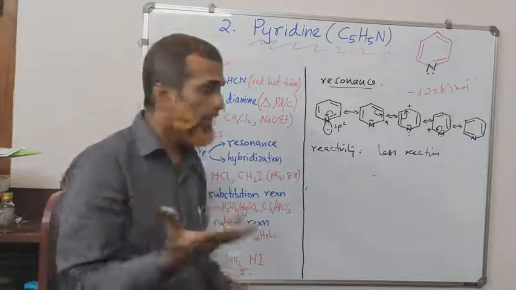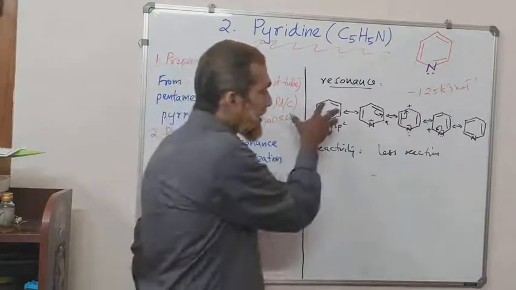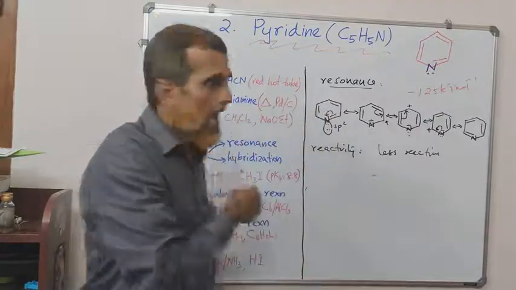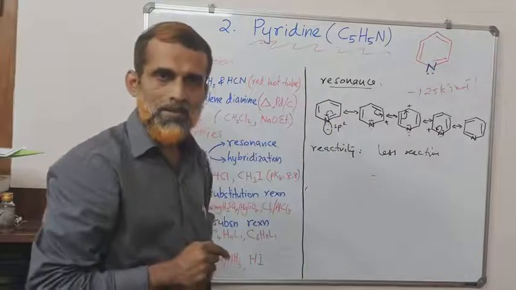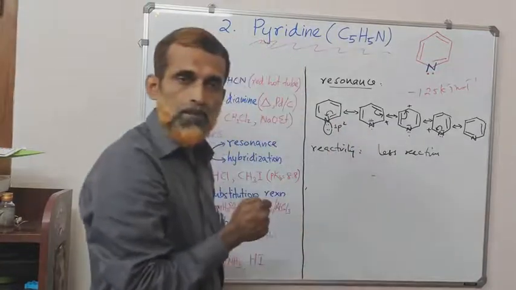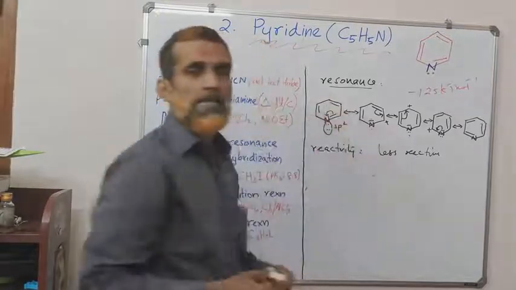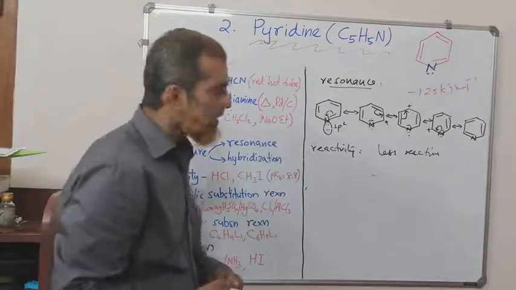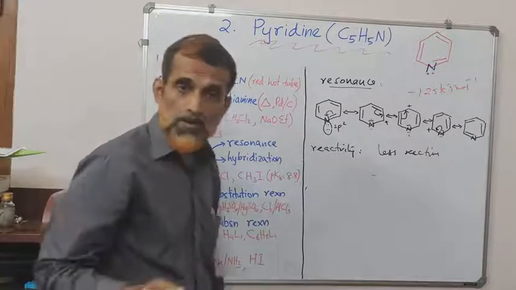How do we explain? Because this electronegative nitrogen is withdrawing electrons towards it and reducing the electron density on carbon. See that electrophile has to attack the carbon, not nitrogen. So reactivity is reduced.